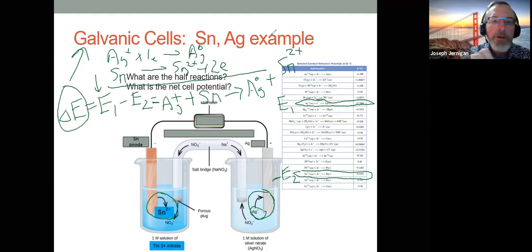I just don't have a lot of real estate to work on here, but this is what we're essentially doing. We're taking silver plus, reacting it with Sn, we're going to silver 0, and we're making Sn2+. Now we're half the way there.